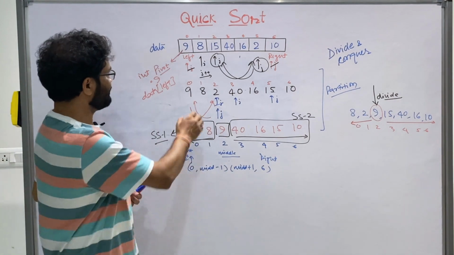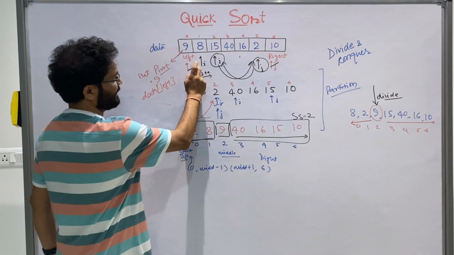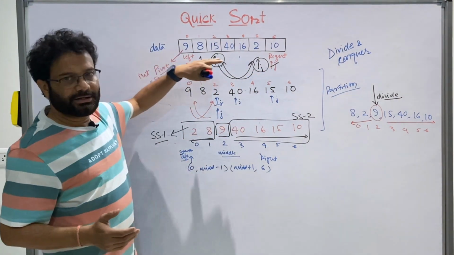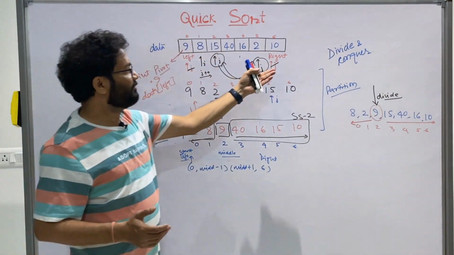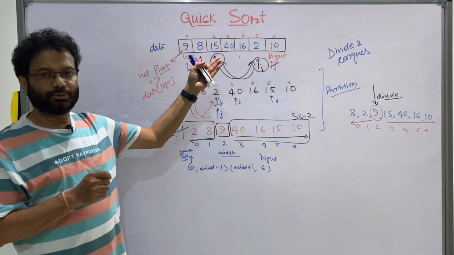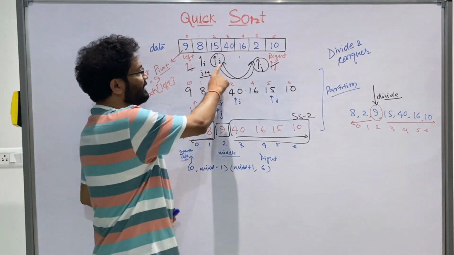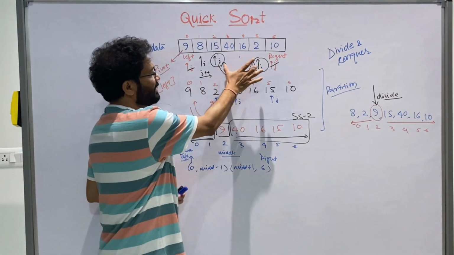It's very simple. Take one element as a pivot, keep i and j, a two-pointer mechanism. Move i until you get a number greater than the pivot, and reduce j until you get a number less than the pivot. And if i and j have not crossed each other, swap between i and j.